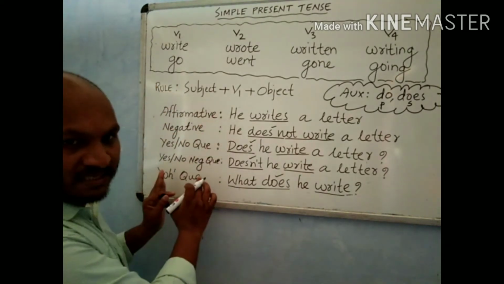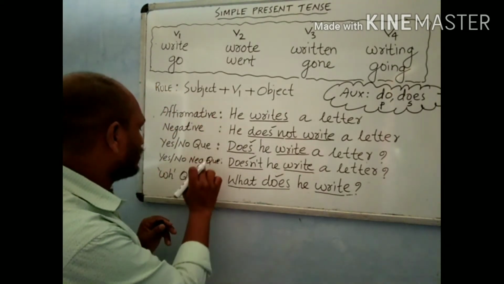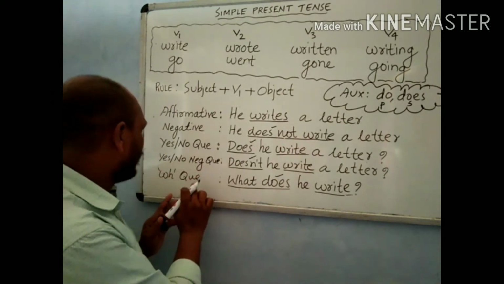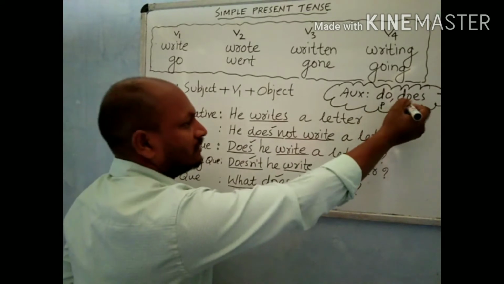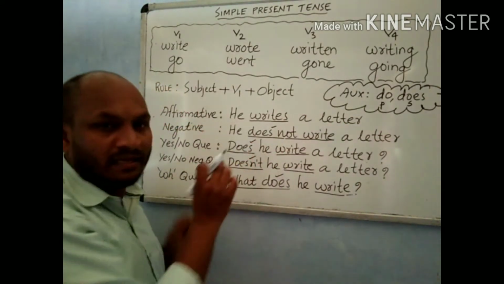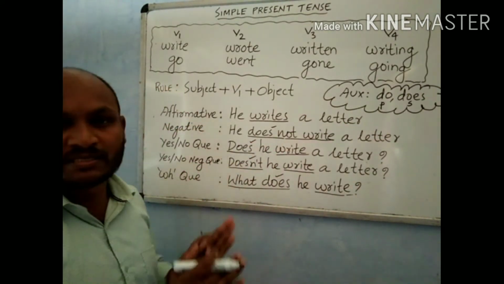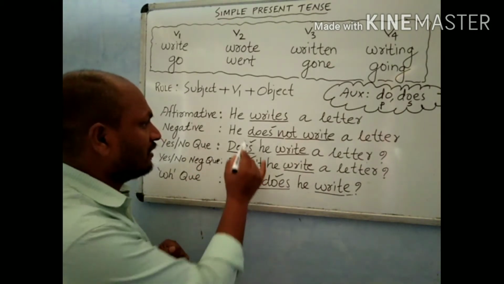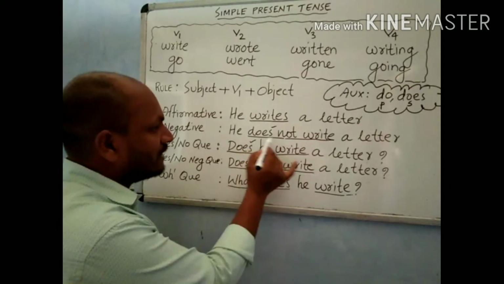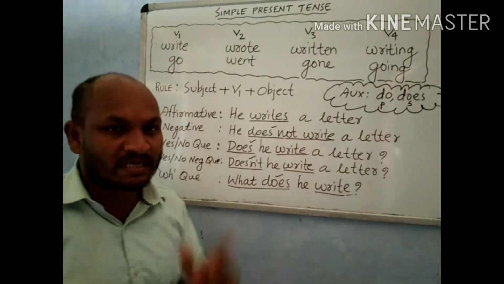And its different structures are negative, yes or no questions, yes or no negative questions, and WH questions. Everywhere we must use the auxiliary verb when we make negative sentences, yes or no questions, yes or no negative questions, and WH questions. Negative sentence: he does not write a letter. We must understand one more thing.